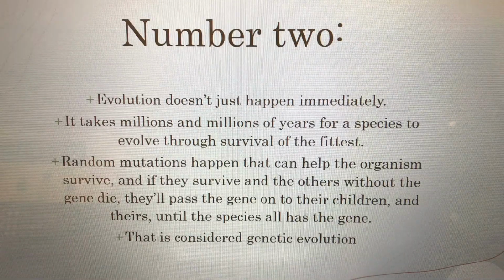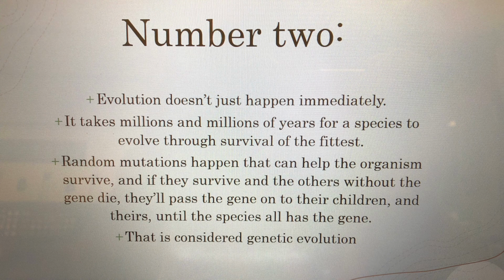This evolution occurs through a process we call survival of the fittest. It goes like this. Say a random organism has a trait that can help the organism better survive the environment, like immunity to a disease or something. Now, compared to all the others, it has a better chance of surviving if that disease were to break out.